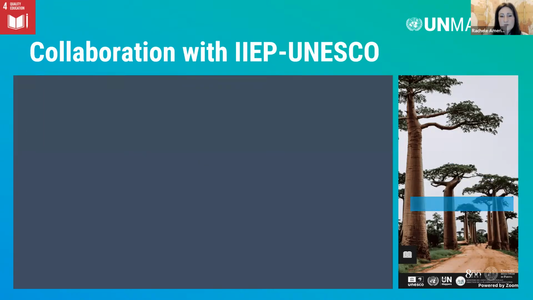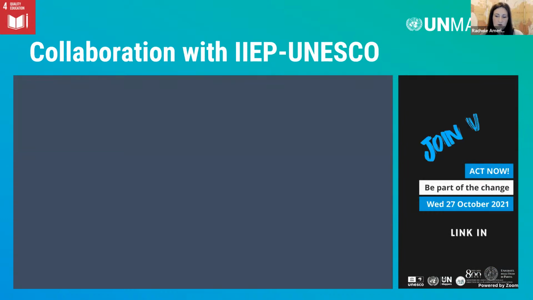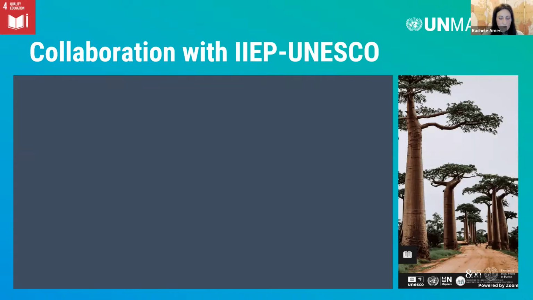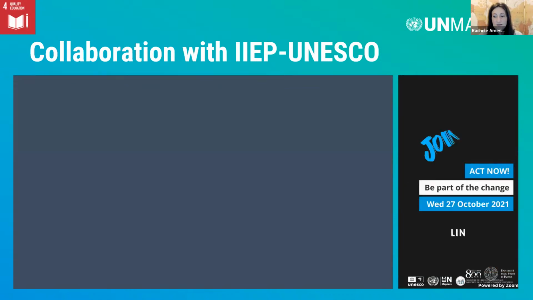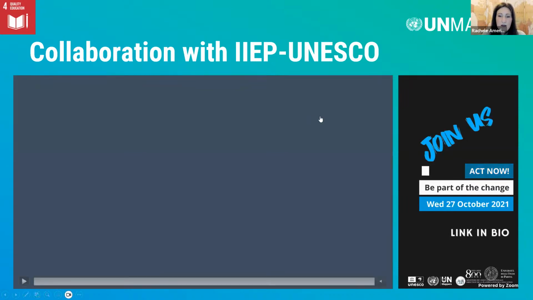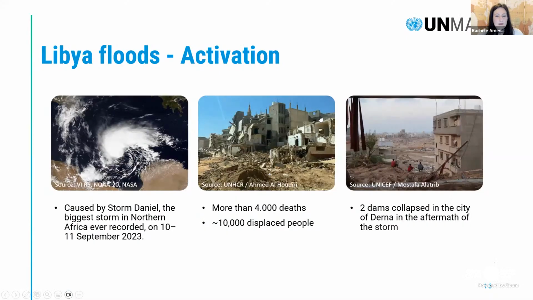So in this case, you see an application of, okay, we are mapping roads, but for which reason? The reason was to help the Ministry of Education to better plan the accessibility from villages and towns to the schools for the children.